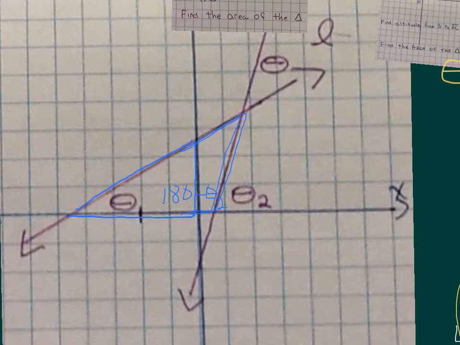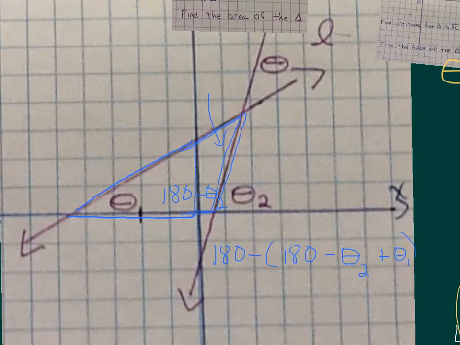And if I wanted to find the measure of this angle, which is congruent to my theta, we can use the idea that the angles of a triangle add up to 180, so we would have 180 minus the sum of the other two angles, 180 minus (180 minus theta 2 plus theta 1).